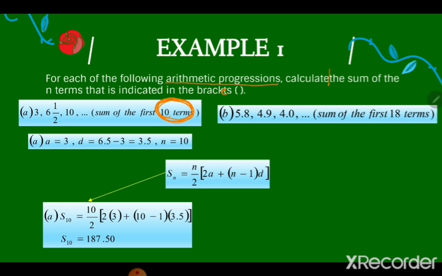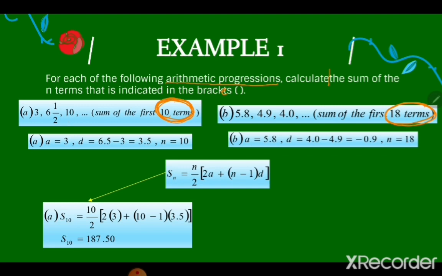Let's look at B. This is our series: 5.8, 4.9, 4.0. Find the sum of the first 18 terms. From the series, we know that our a is 5.8 and our d is negative 0.9. As you can see here, I used T3 minus T2, but for this one I used T2 minus T1.